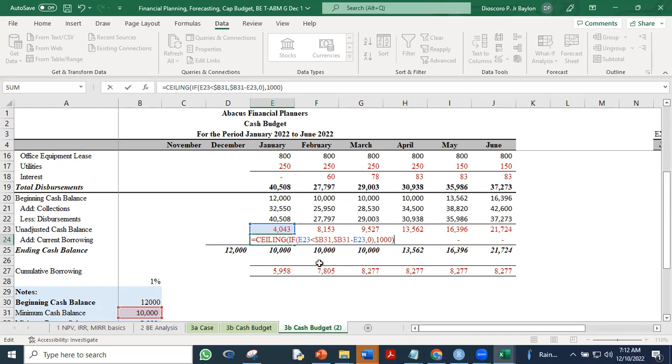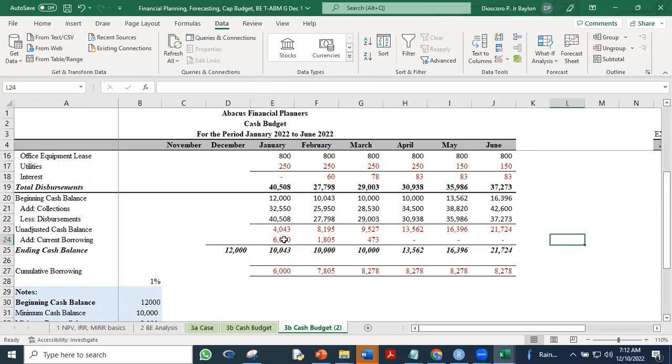If we want the lower 1,000, then we use the floor function. So ceiling, and we expect this to become 6,000. There. So we're borrowing 6,000, because it should only be in increments of 6,000, 7,000, etc.